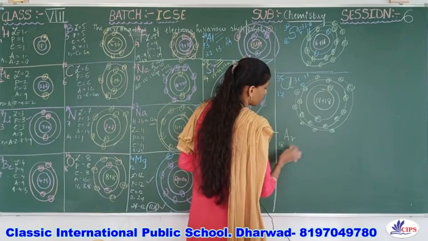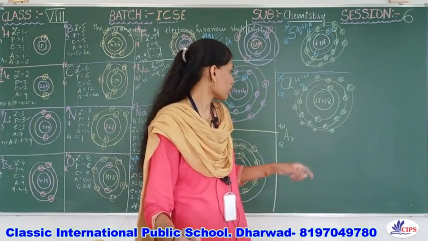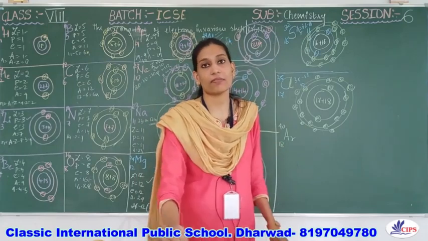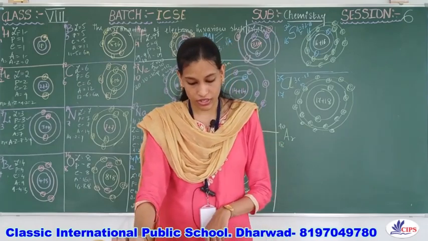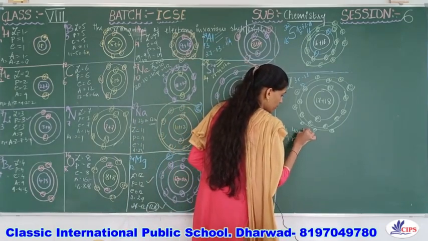Argon atomic number is 18, mass number is 40, and therefore we have 22 neutrons, 40 minus 18.